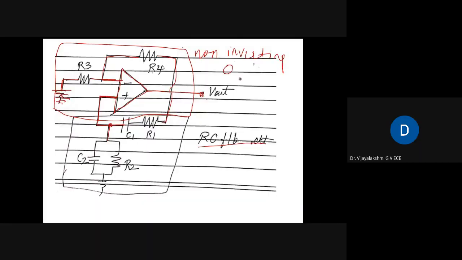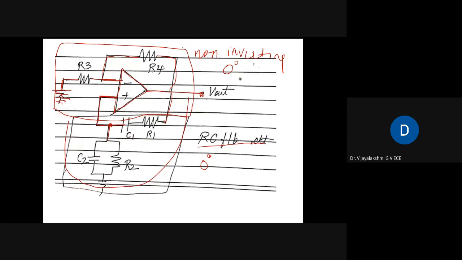So what is the phase shift introduced by the non-inverting amplifier? It is 0 degrees. Fine. So if it is giving me 0 degree phase shift, then how should I select the feedback circuit? It should also give me 0 degree phase shift. Only then will the total phase shift around this loop be 0 degrees.